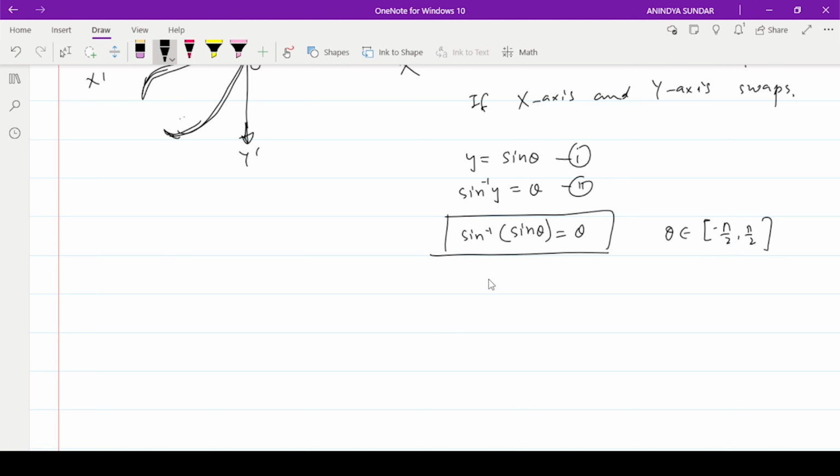Now what about sine of sine inverse x? Sine inverse x or sine inverse y, because y is used here. What is its value?